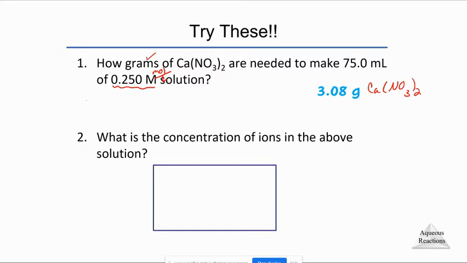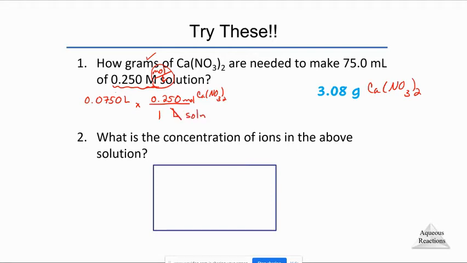I'm going to take the 0.0750 liters of solution that I have, and I'm going to use molarity. Instead of using the capital M, I'm going to substitute in moles per liter so that the units for liters cancel: 0.250 moles of calcium nitrate for every 1 liter of solution.